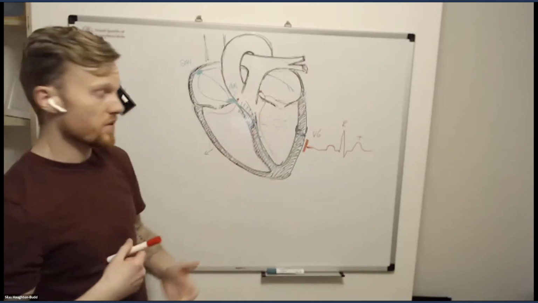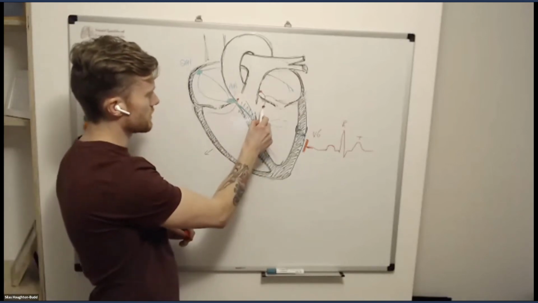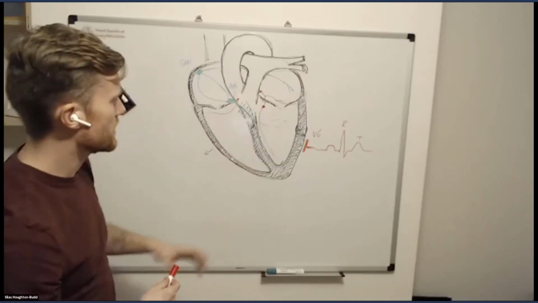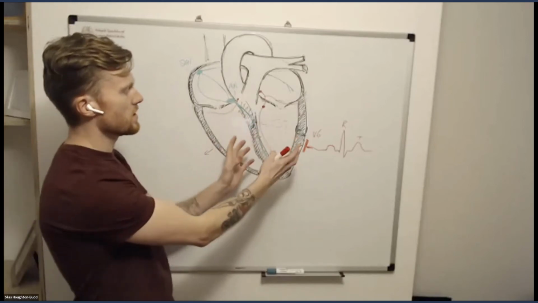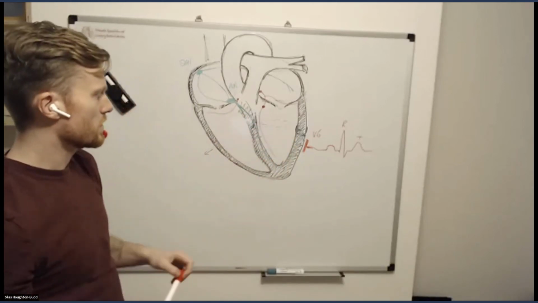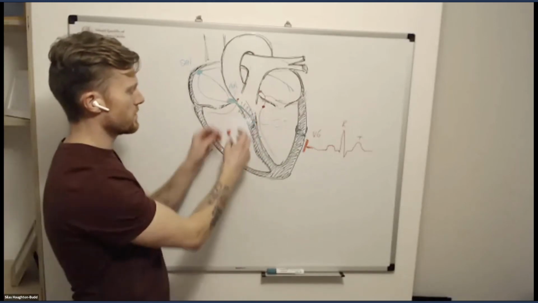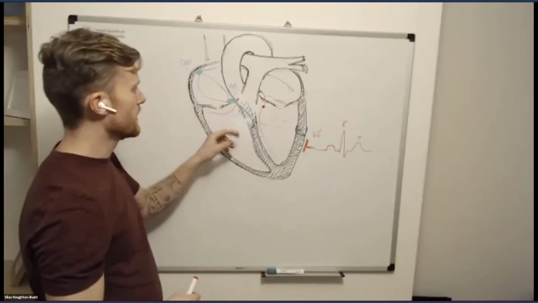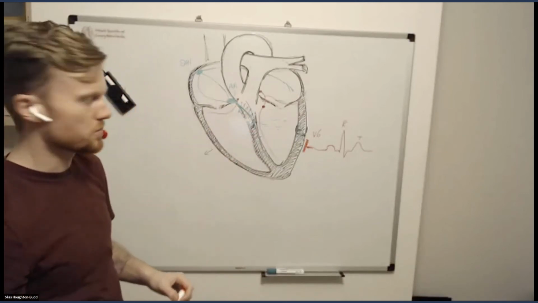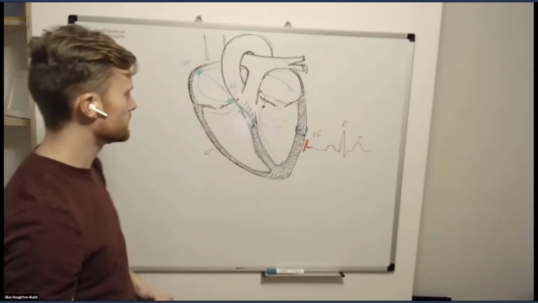So if a patient has a big MI and they occlude their left anterior descending coronary artery, it might be that in addition to causing ischemia and infarction of their left ventricle and subsequent left ventricular failure, they won't be able to perfuse the cells that keep the bundle branches working. And you can get a left or right bundle branch block as a result of that occlusion in the coronary artery.